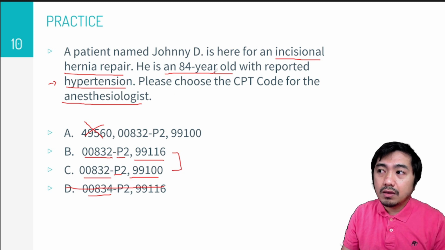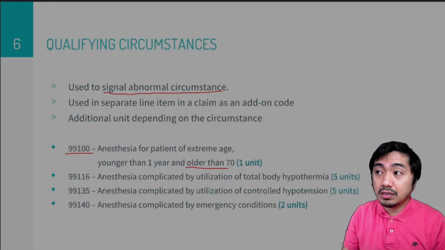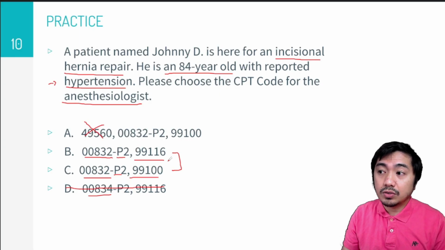Now, an 84-year-old patient, you know the drill. Go to your qualifying circumstance. You have your 99100 here if the patient is older than 70, which Johnny D is. So you will append your 99100.